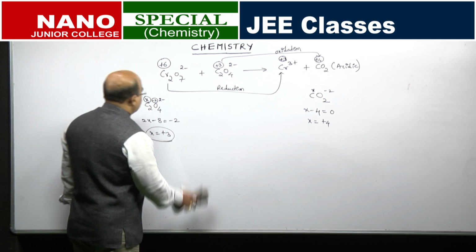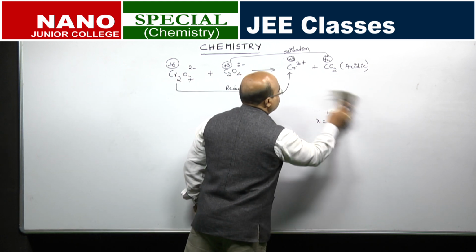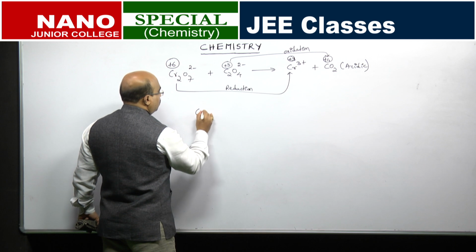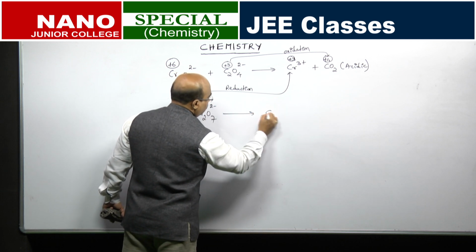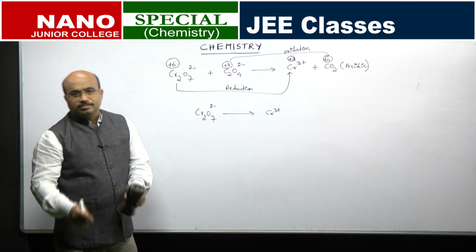So, what we do is write the reactions separately. Let us write separate reactions. Cr2O7 2 minus giving Cr3 plus is the reduction half reaction.